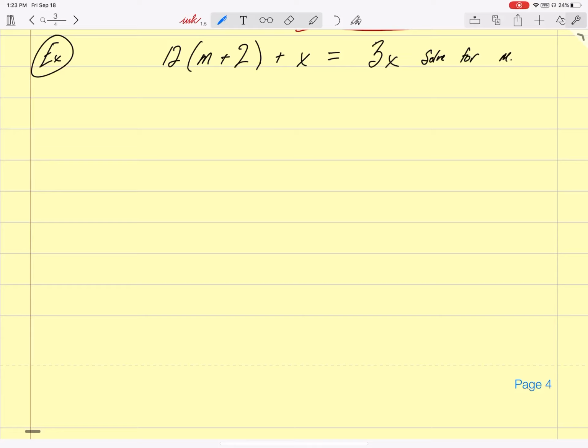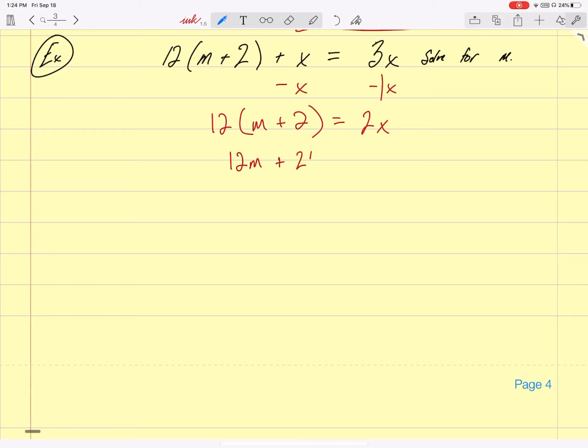What I'll do though is subtract this x, and so 3x minus 1x is 2x, and I'd have 12m plus 2. And I could divide by 12 here, but then I'd have a division issue. So what I'm going to do is, which I will have at the end, but I'd like to do that at the last step. I would distribute this.